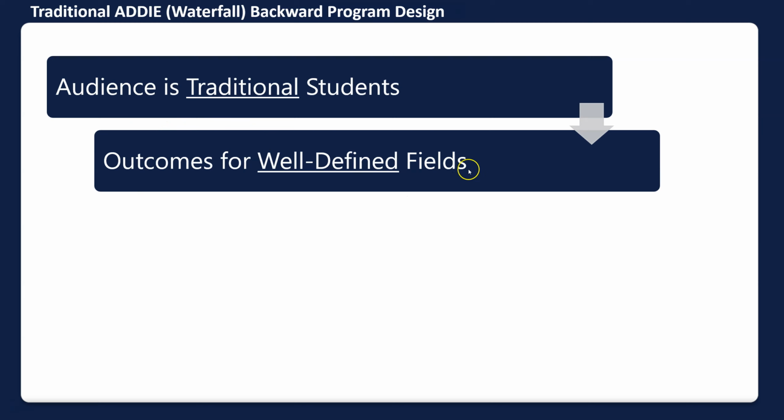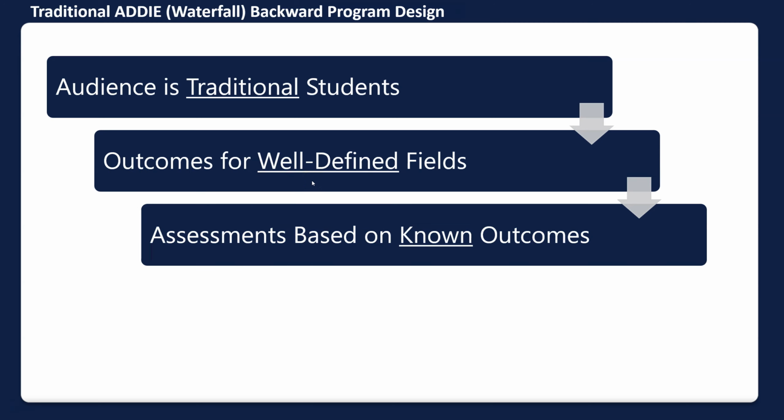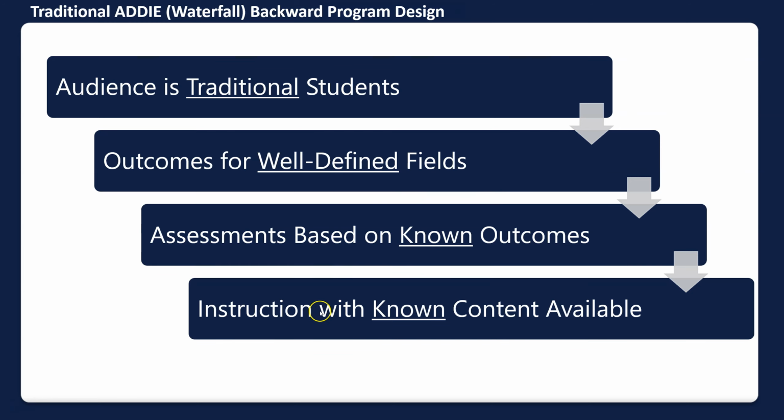Say you have 18 to 24 year old middle class white students, and you're going to be designing outcomes for accounting, and then you have assessments based on known accounting, and accounting has very well defined standards in the field. You have assessments based on known outcomes, and instruction with known content. So there's tons of accounting textbooks, and then you can have evaluation feedback, and you have an iteration process in years that often will be 5 years.